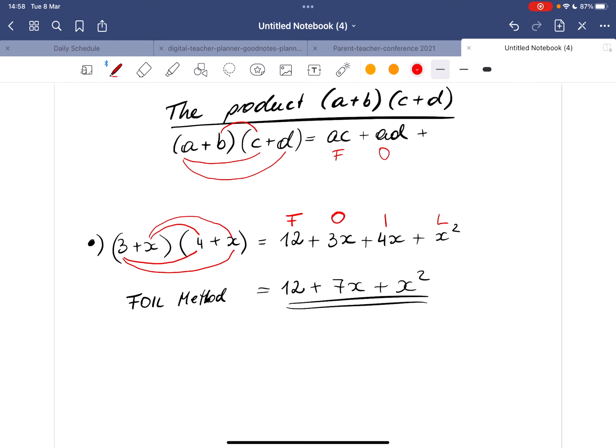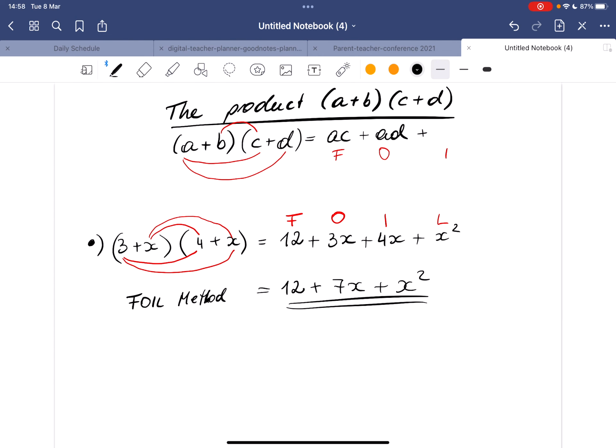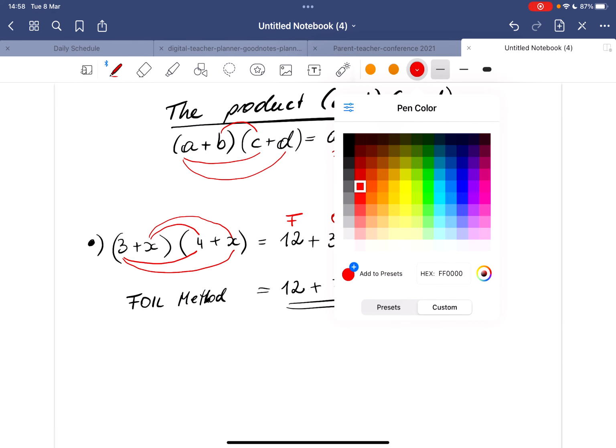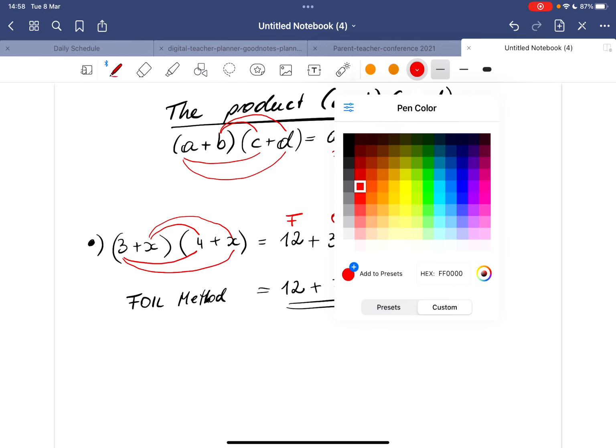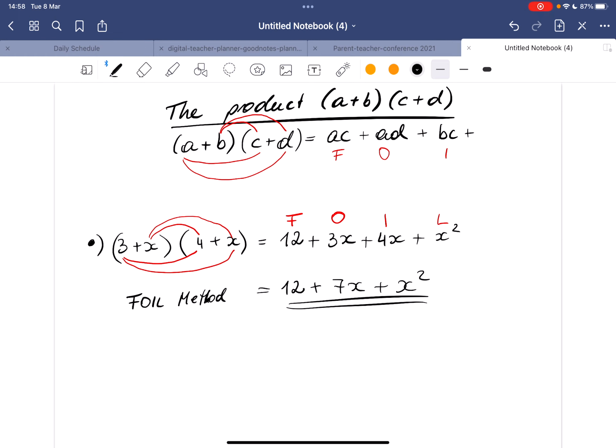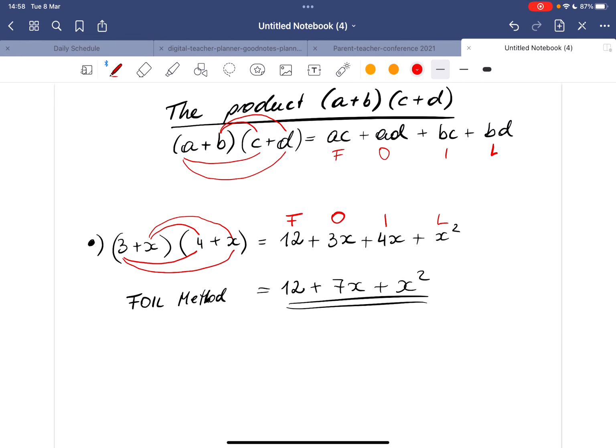So b times c. That's my inside terms. b times c gives me bc, and finally, I mustn't forget the last term in each bracket, b and d. b times d gives me bd, and this is my last term.